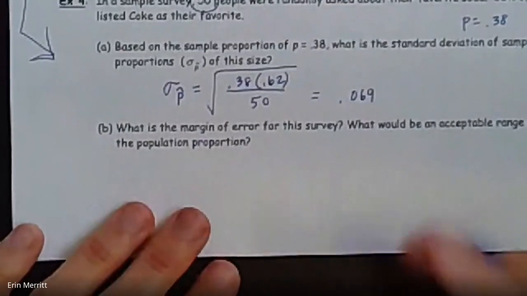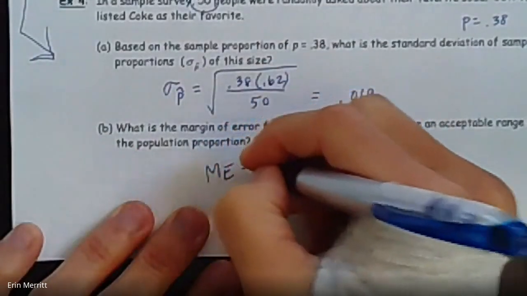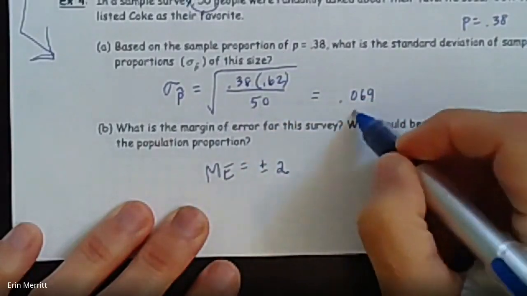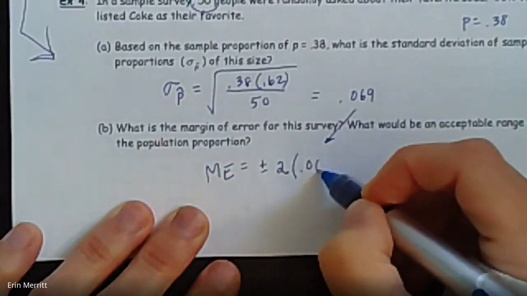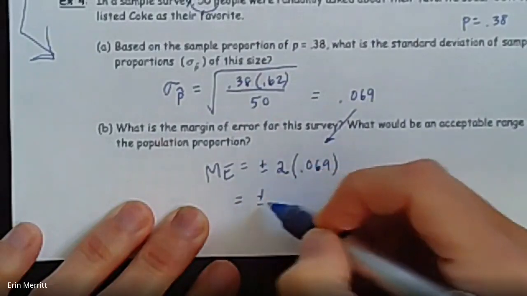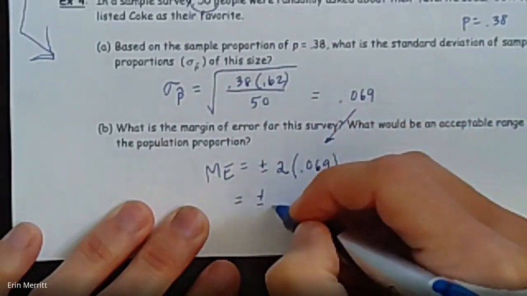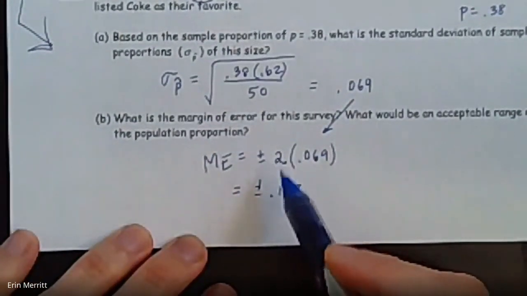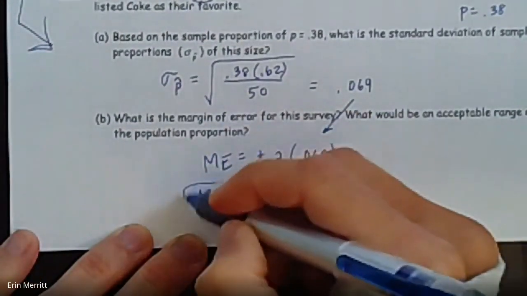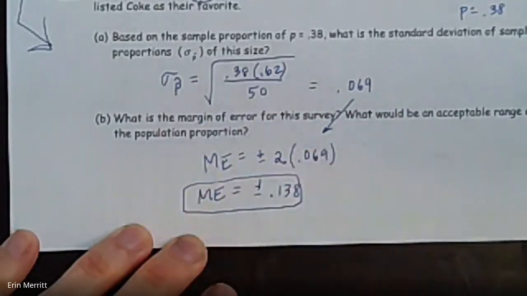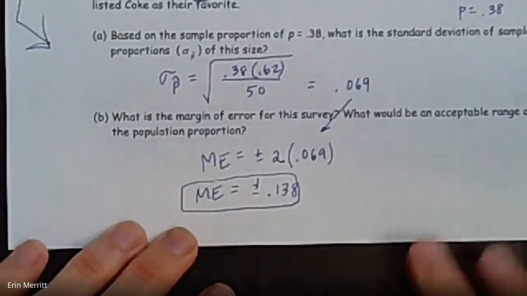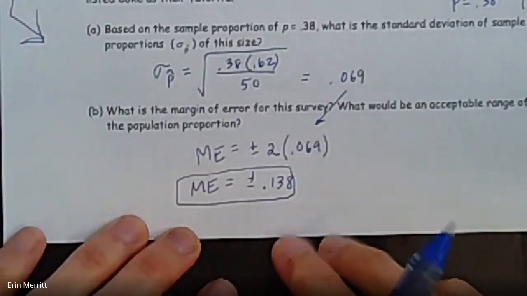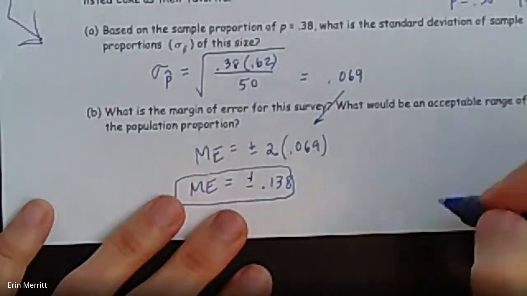Okay. And so margin of error would be plus or minus 2 of those standard deviations, those 0.069. So that comes out to be plus or minus 0.138. So when it says, what's the margin of error? First things first, that's that. And then what would be an acceptable range of values for the population proportion? All right, so now you're trying to extend from that one sample to the whole population.